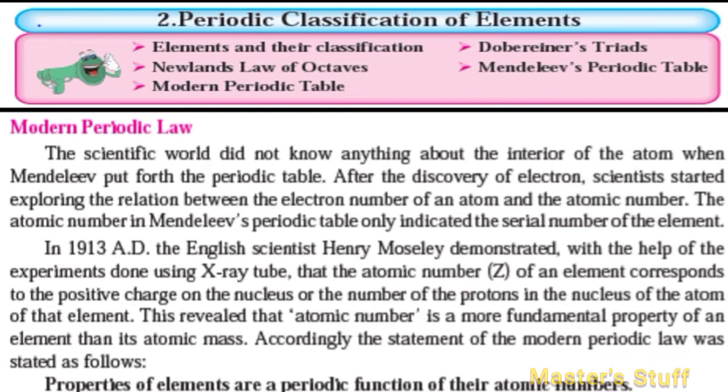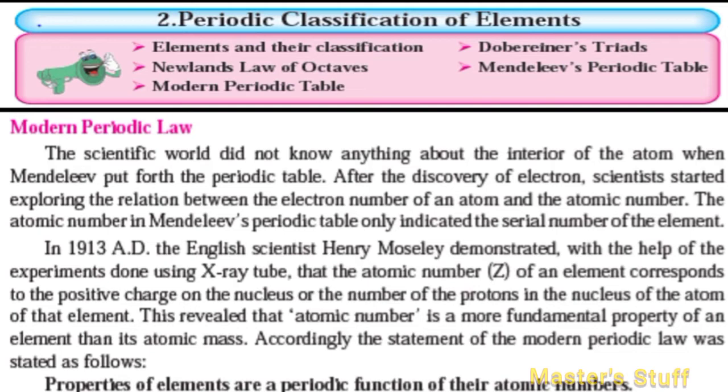In the year 1913, the English scientist Henry Moseley demonstrated that the atomic number of an element corresponds to the positive charge on the nucleus of an atom, or rather the number of protons present in the nucleus of an atom.